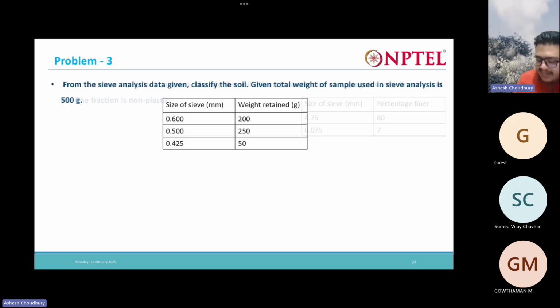Alright, from the sieve analysis data given, classify the soil. Given total weight of the sample used in the sieve analysis is 500 grams. Do this sieve analysis, that data is given. See how we can classify.